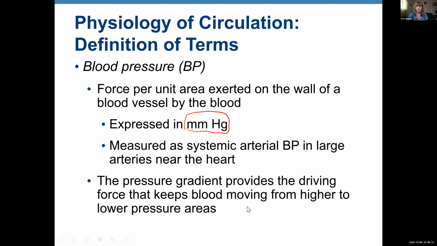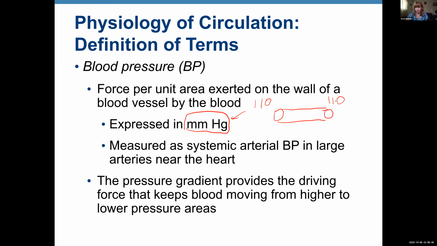A pressure gradient provides the driving force that keeps blood moving from higher to lower pressure areas. Let's say you have a blood vessel, and you have some pressure, maybe 110 millimeters of mercury here, and 110 over here.